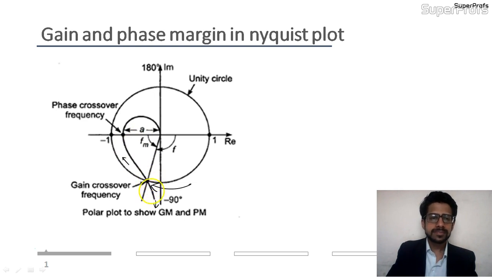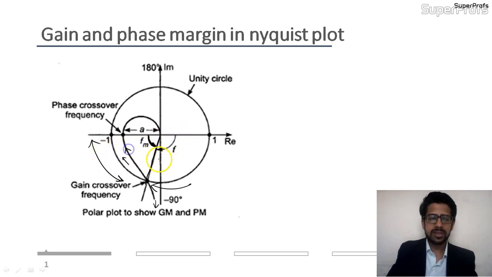But now as I cross my gain crossover frequency, I do have this particular angle. This is my phase at gain crossover frequency, and I still have this much amount of phase so that I can reach minus 180 degrees.